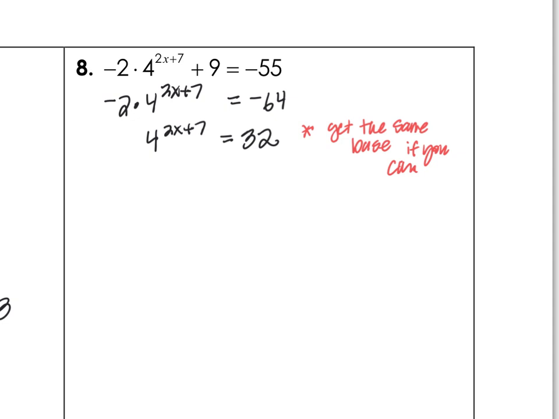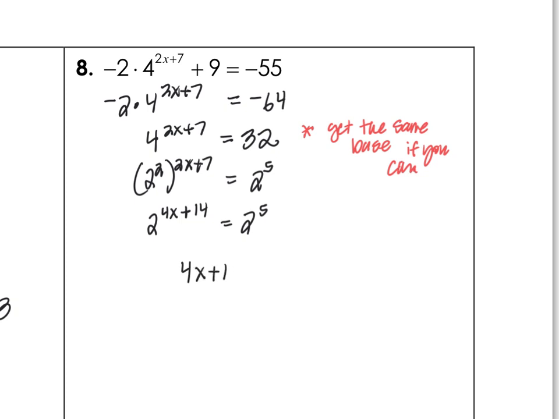But we can get the same base because I'm recognizing this is 2 squared. And this is 2 to the 5th. So now I can just use my power, my one-to-one property here and solve. So it makes it much easier. Because if I can get the same base, then I just know 4x plus 14 has to equal 5.